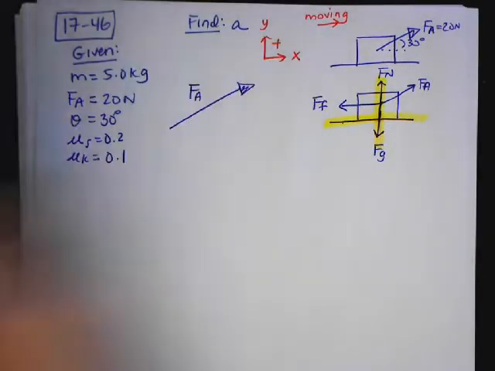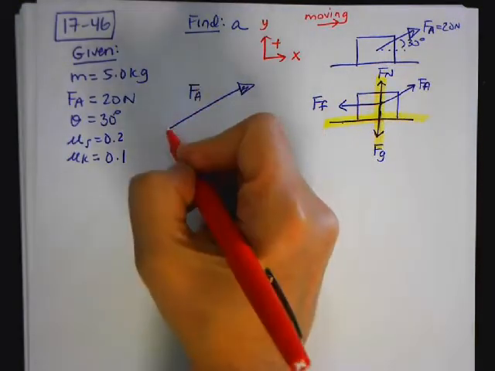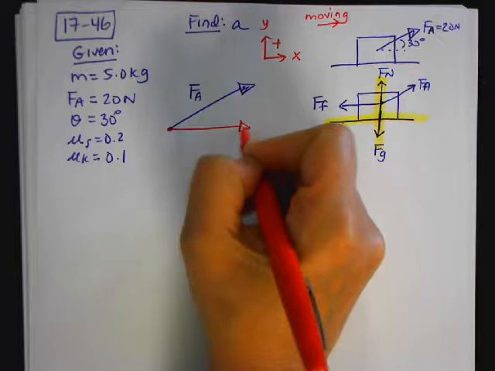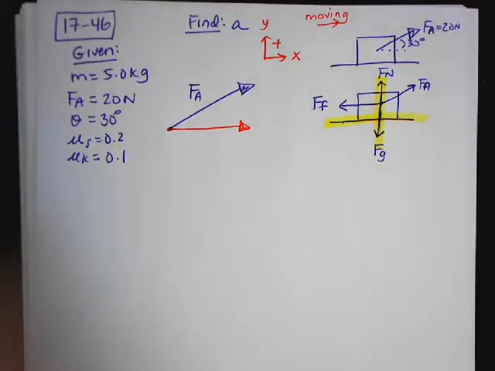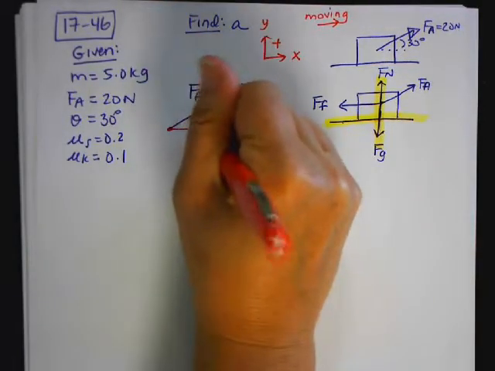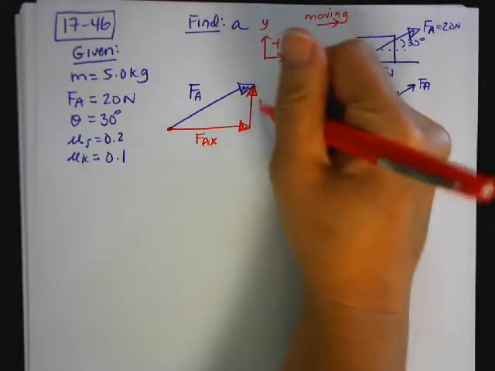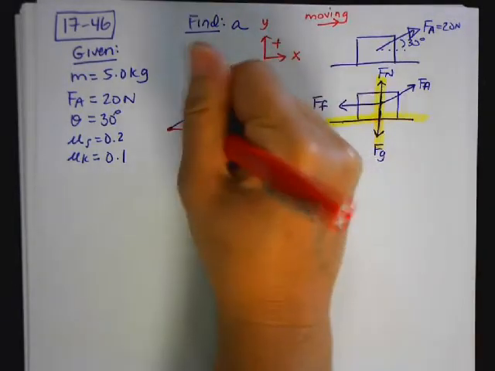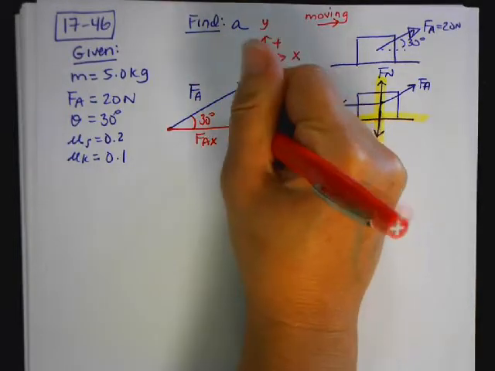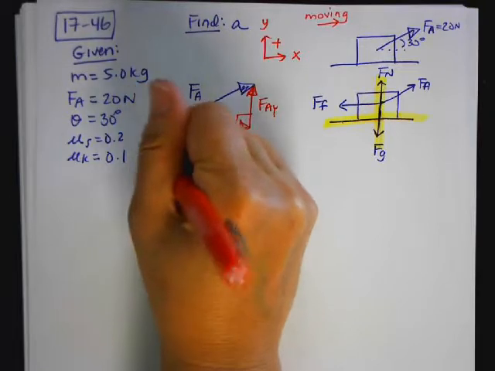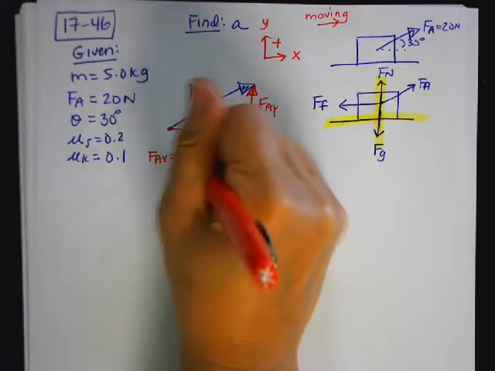This is my Fa. Now remember, to get my components, this is where I start. I'm going to go horizontal and see the direction in which this arrow goes. That's very important. So that's Fax. From the head of this vector, I put the tail of the other. Look at my arrow again. This is Fay, and this is 30 degrees. These are perpendicular to one another. So now I know that Fax is equal to Fa cosine of theta.